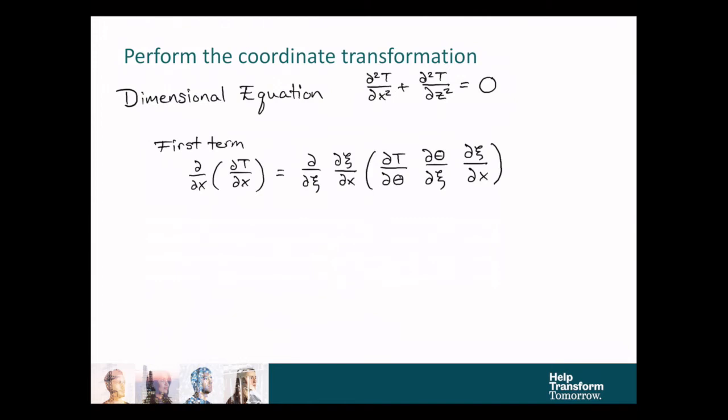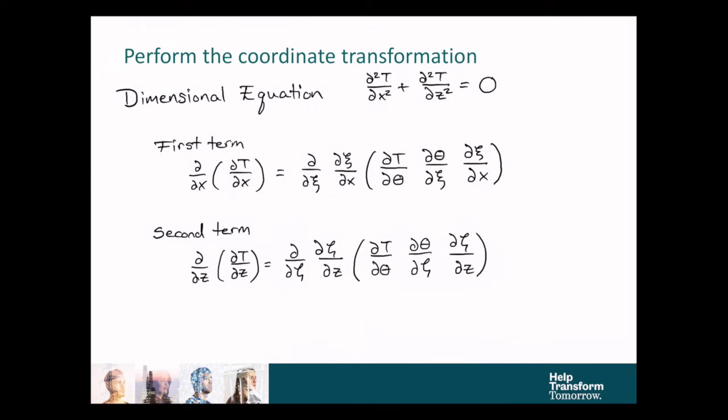So it looks a little bit complicated, but actually this is second nature. You've done this hundreds of times before. We'll move on to the second term in the heat equation, the d squared T dz squared term, and we'll do the exact same thing, but this time we're differentiating with respect to zeta.